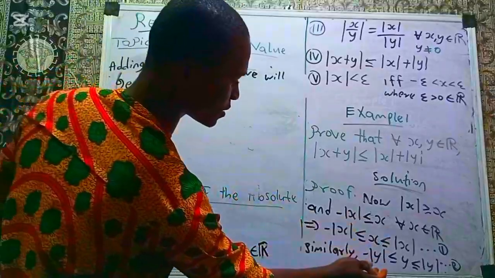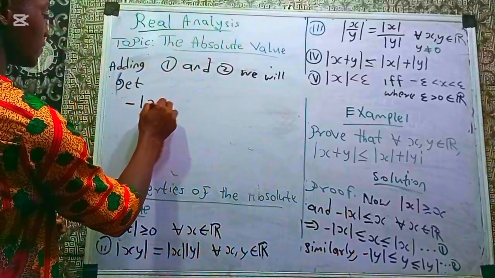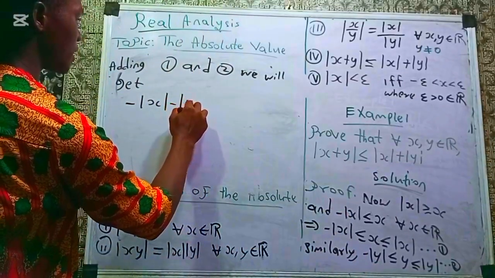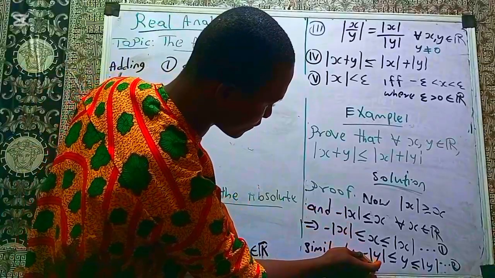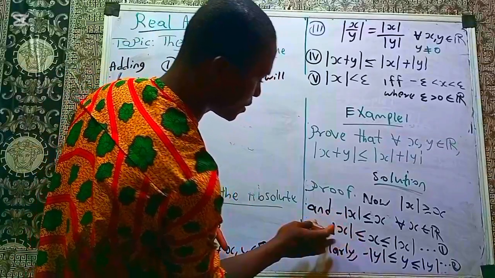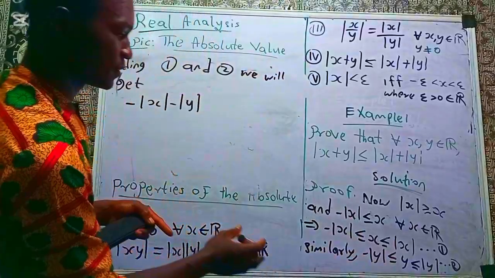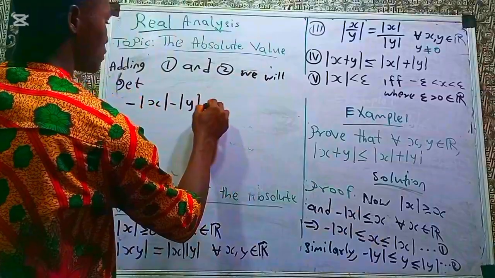If you add this right side, you have what? Negative absolute value of x, negative absolute value of y. I'm adding the first thing we have and the both of them, negative absolute value of x, negative absolute value of y. Then we have, next we have less than or equal to.